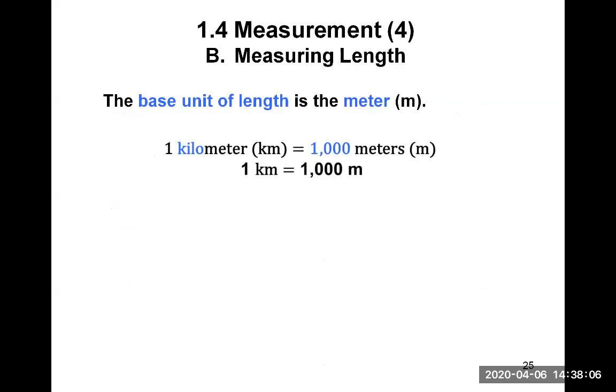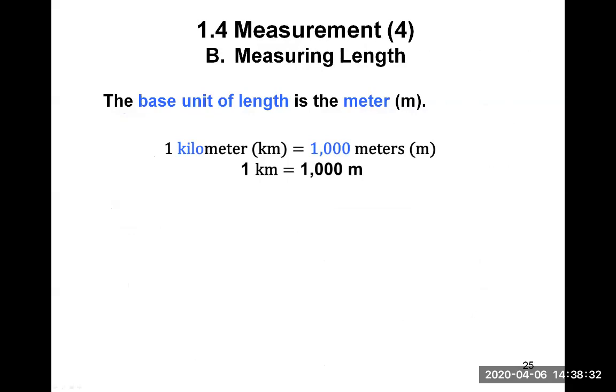When we are measuring length, the base unit is the meter in the metric system. To learn how to use those prefixes, if you want to write the equivalence between, for example, 1 kilometer and what it is in meters, you will write 1 kilometer, K for kilo, m for meter.